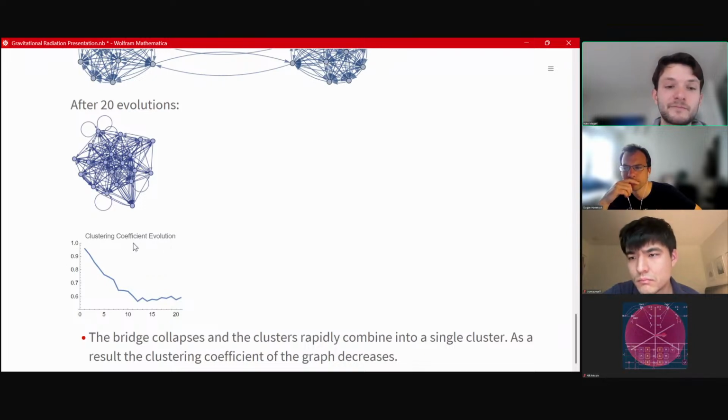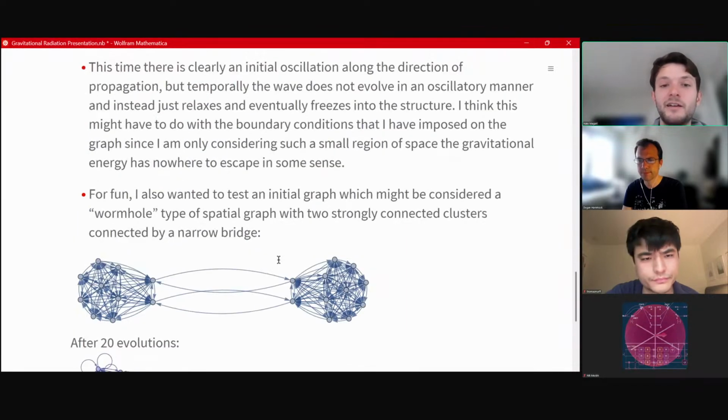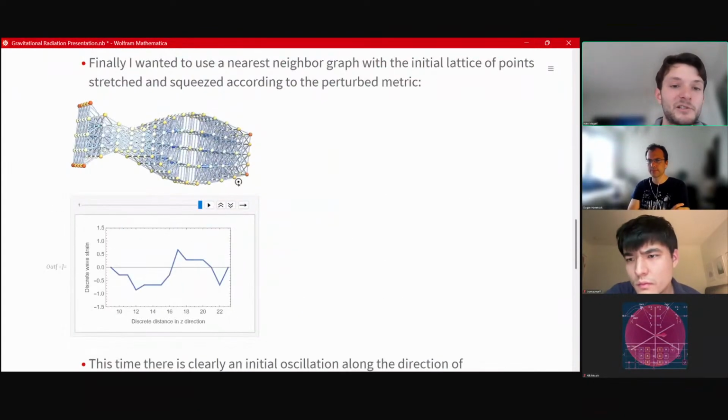So yeah, those were pretty much all the initial conditions that I tried. Like I said, each one of these experiments took a lot of computational time.